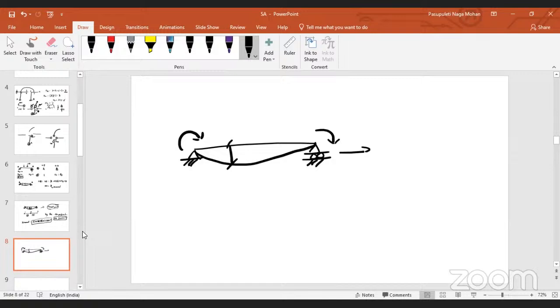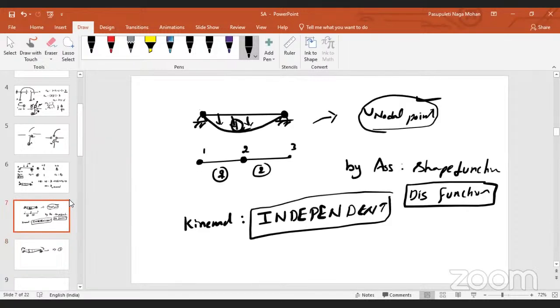So the independent degrees of freedom are 1, 2, 3, and there is no need to consider any intermediate points. Whenever you are finding the kinematic indeterminacy, always say independent degrees of freedom.